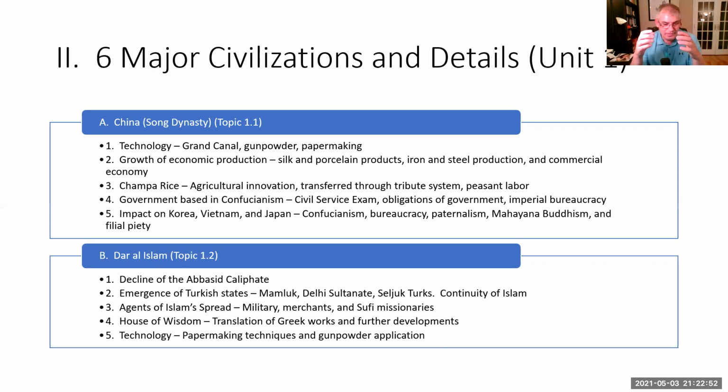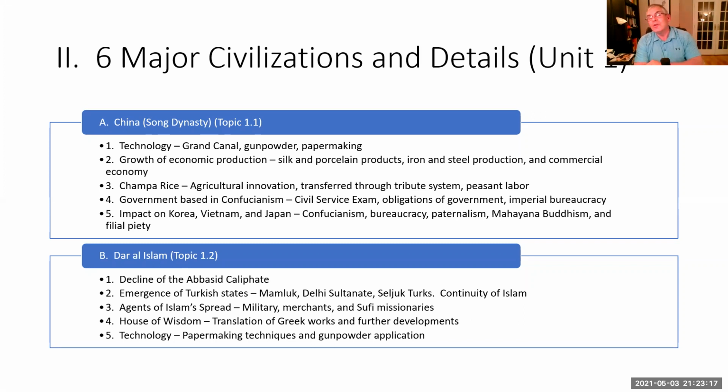And now these Turkish slaves establish themselves as the leaders. And this is the Mamluk dynasty. In northern India, we have the Delhi Sultanate, which isn't so much an end result of the Abbasid Caliphate falling, but it represents Turkish Muslims coming into the northern part of South Asia and establishing political control in that region.